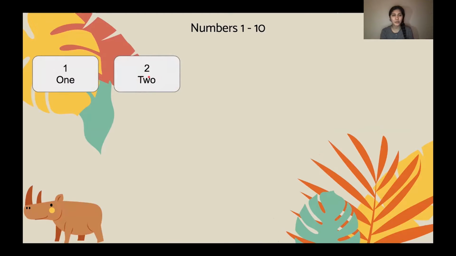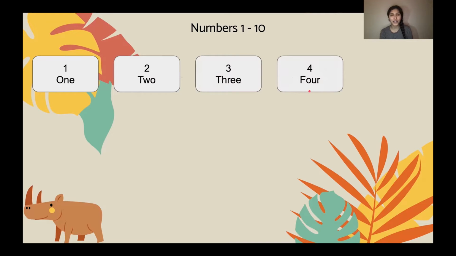T-W-O for 2. And then we go to number 3. And 3 is T-H-R-E-E. 3. And then after that, our number is 4, which is F-O-U-R. 4.